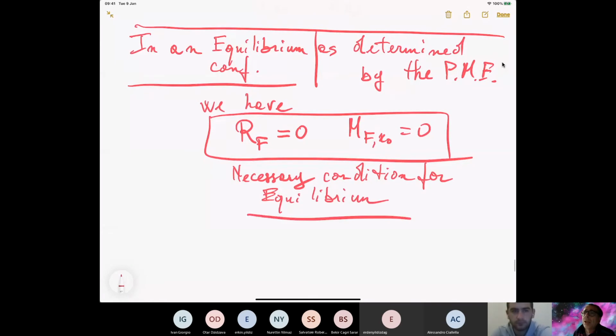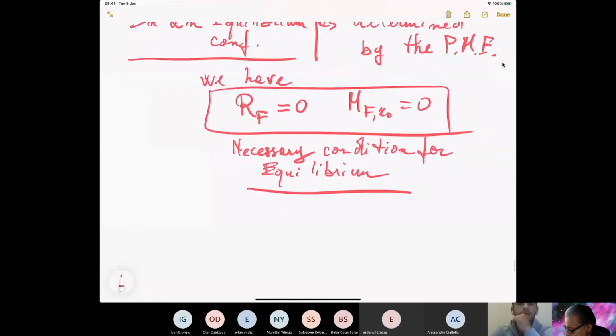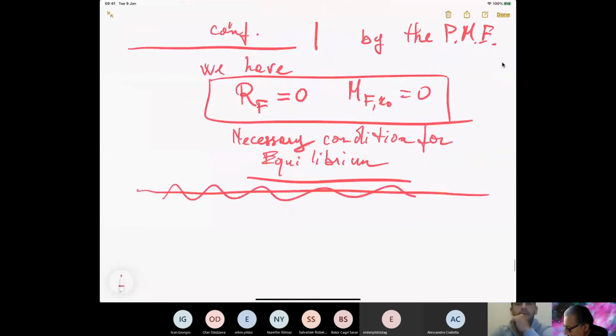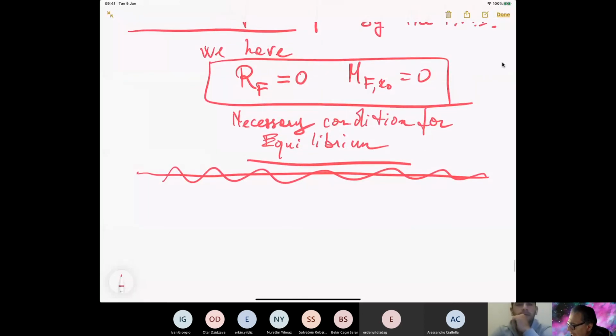Okay, so we have some minutes, and I want to use these minutes with some comments. You could ask me why you are so sure that these conditions were obtained as a consequence of minimum of energy. Okay?